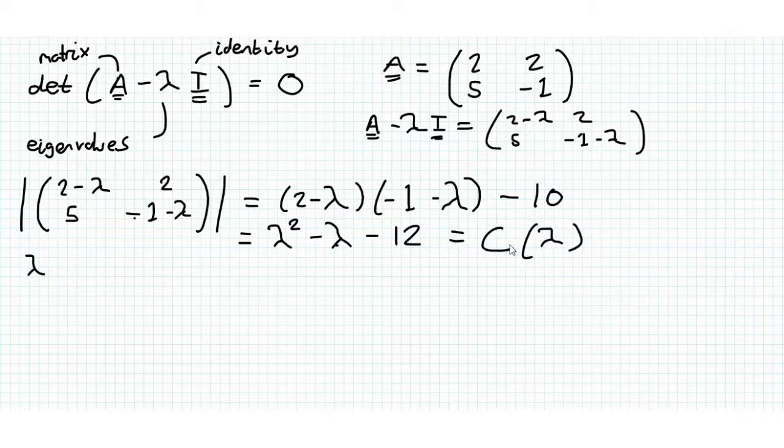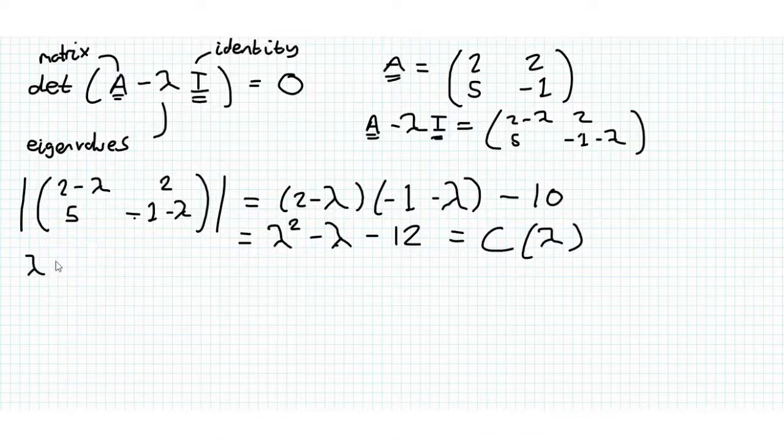This is called the characteristic polynomial, and that's just the polynomial you'll get when you write determinant of A minus lambda I as a polynomial in lambda. Okay, so that's the characteristic polynomial.